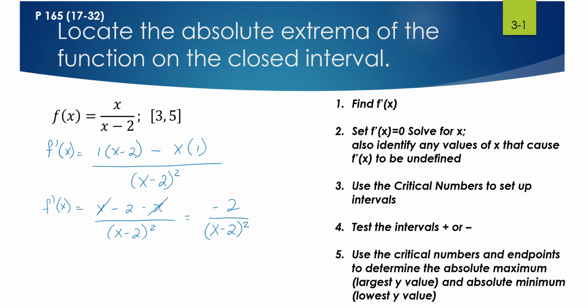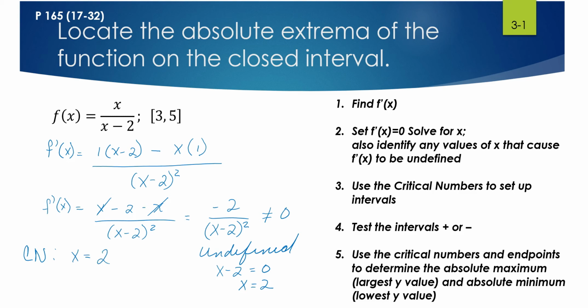And so as you can tell, I don't have any zeros because this is never going to equal 0 because the numerator is a negative 2. And then it goes undefined when x equals 2, because x minus 2 equals 0 when x equals 2. So my critical number is just one item this time. It's x equals 2.